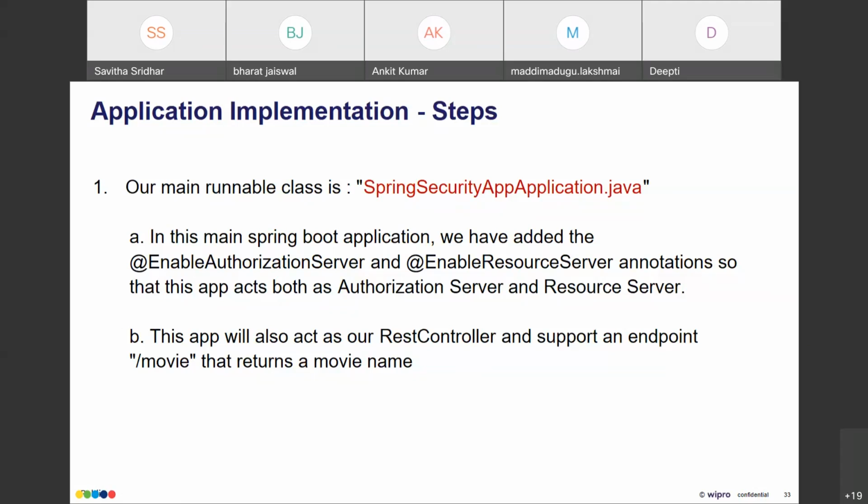I could have created a separate REST controller class, but just to keep it simple, in the same application class itself I have also used @RestController, and I have implemented one endpoint called movie. Whenever we receive a GET request on the movie endpoint, it has to return a movie name. That's all I have done.